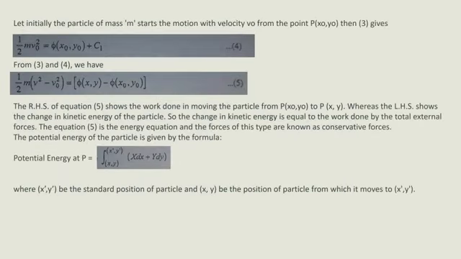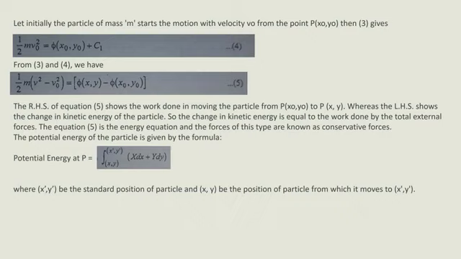Now initially the particle of mass m starts the motion with velocity v naught from the point P(x naught, y naught). Then equation 3 gives half mv naught square equals phi(x naught, y naught) plus c1, as equation 4. From 3 and 4 we have the given equation as equation 5.